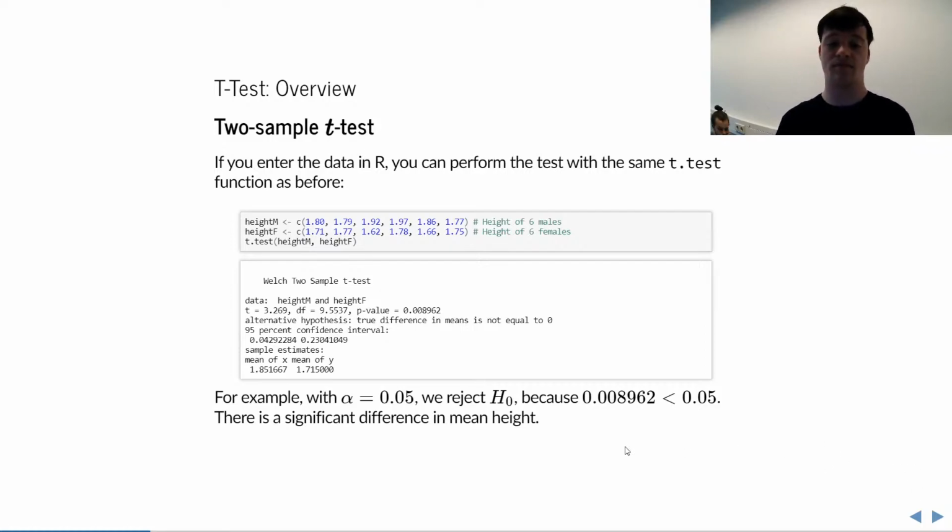Now, in this case, we see a bunch of outputs. For now, we're just going to restrict ourselves to the p-value. I'll explain the rest in the second half. In this case, the p-value is quite low. It's 0.008962.